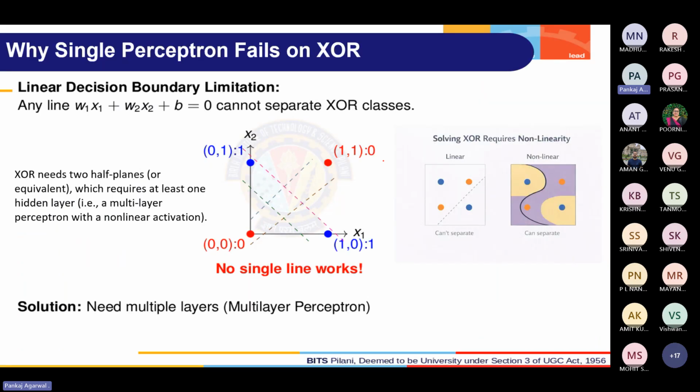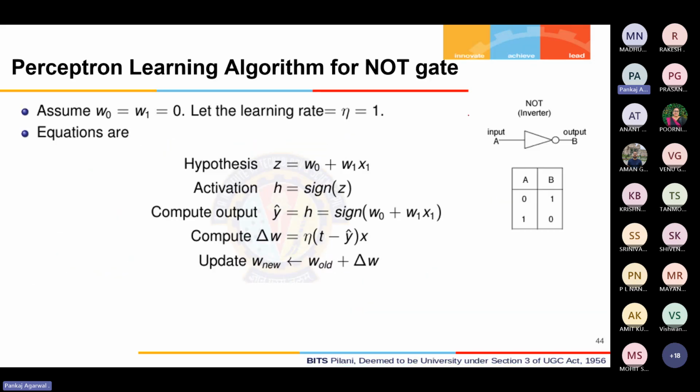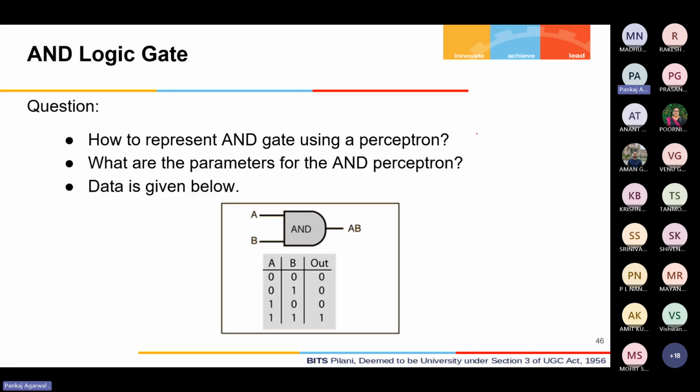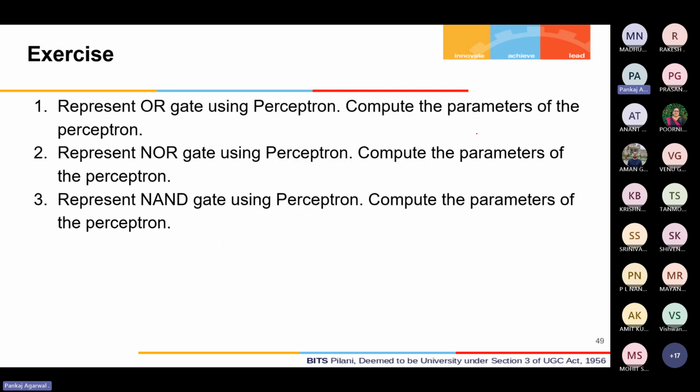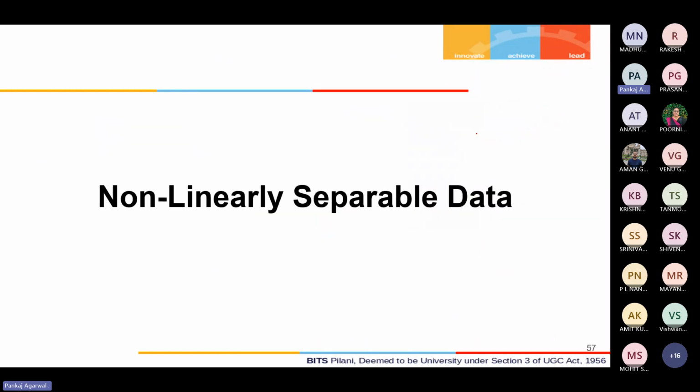We talked about why it failed, and the convergence of the perceptron learning algorithm, what it means. So in a way, you understood how we can use perceptron to solve simple problems, and also how we cannot use it to solve another simple problem that requires, say, two separators or some other method to separate the boundaries. We started talking about non-linearly separable data. Is everyone on the same page?